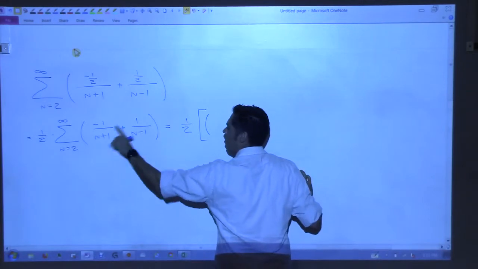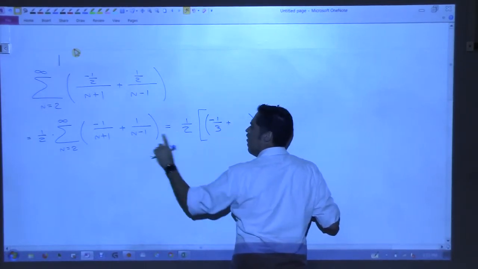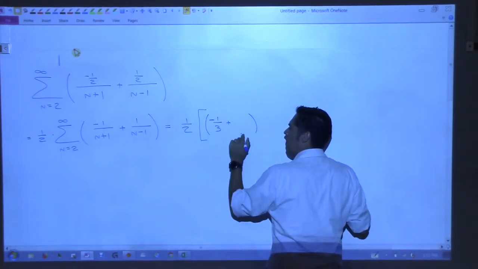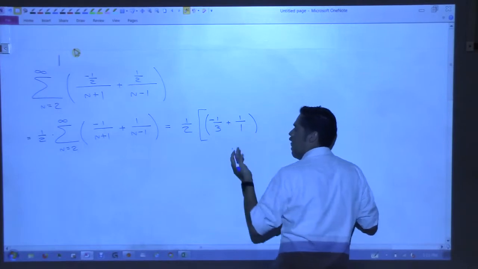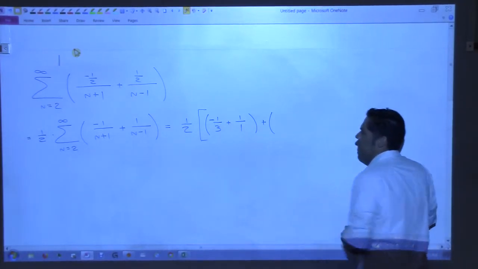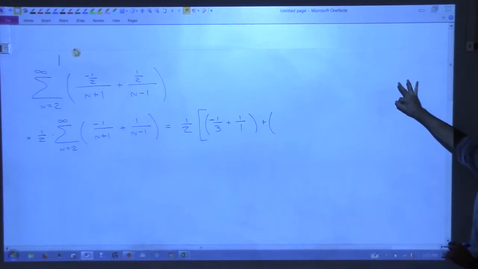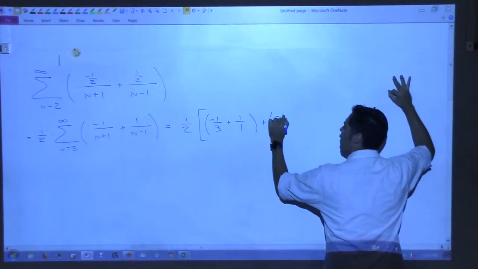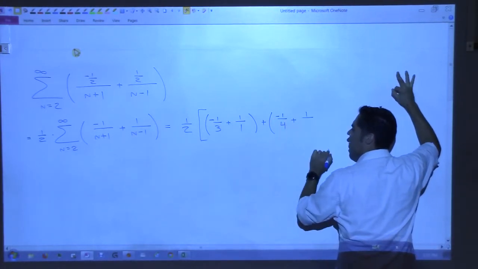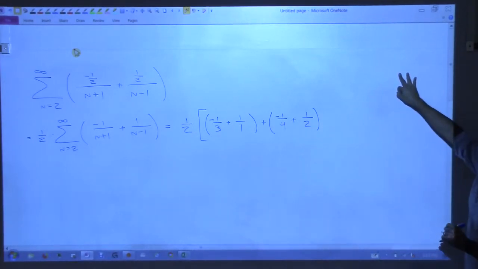I get negative 1 over 3, then plus 1 over 2 minus 1, so 1 over 1. With me? Plus, now what would the next one be? So now I'm plugging in 3 for n, so negative 1 over 4, and then plus 1 over 2. Still good?